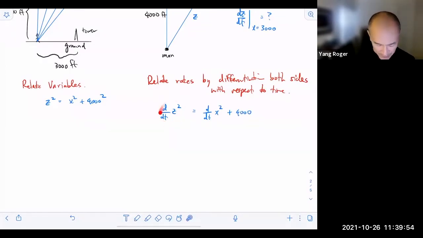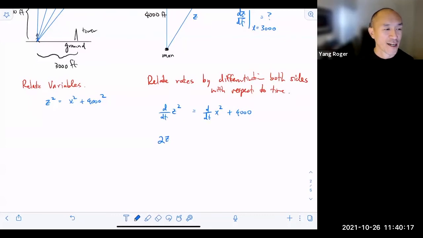So what's the derivative of this left-hand side over here? Can anybody tell me? You can unmute yourself. Someone in the chat box typed 2z. Do you guys agree with that answer?